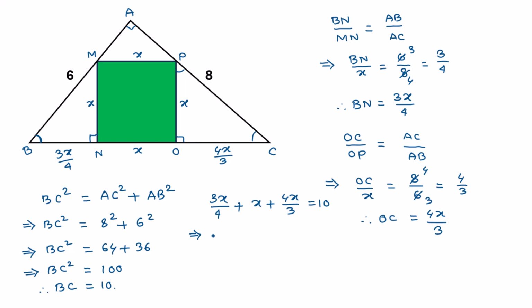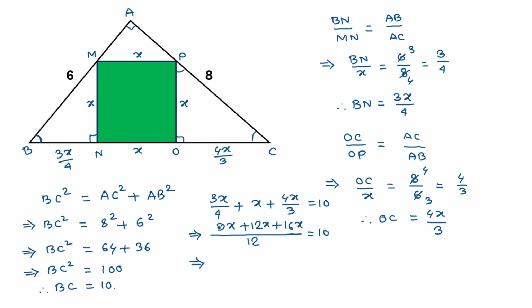The LCM of 4 and 3 is 12, and 12 divided by 4 is 3, and 3 times 3 is 9, so it will be 9x, plus here x times 12, so 12x, plus 12 divided by 3 is 4, and 4 times 4 is 16x, is equal to, on the right side, 10.